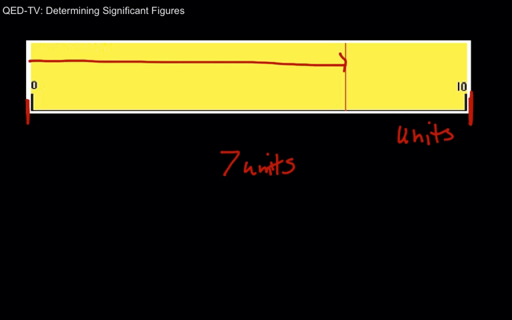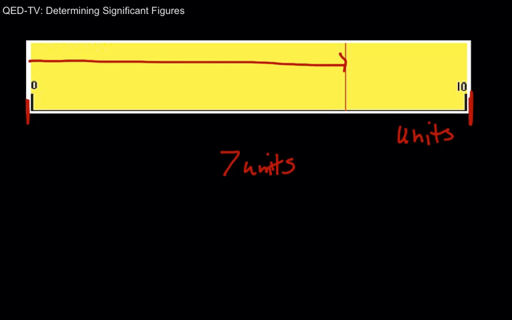That's all you could say. You can only give me one digit with this particular ruler. It's a really bad ruler. You could say 7 units. Now, what is important to understand about measurements, and this is really bothersome to students, is that you're never giving me an exact number. You're giving me a measurement, which means there's always some error involved.